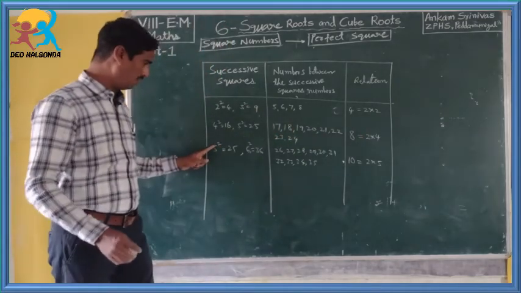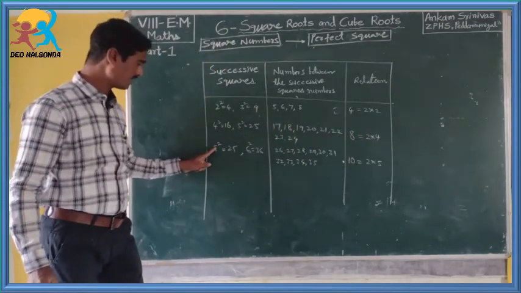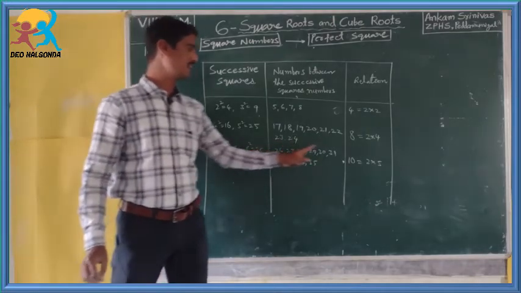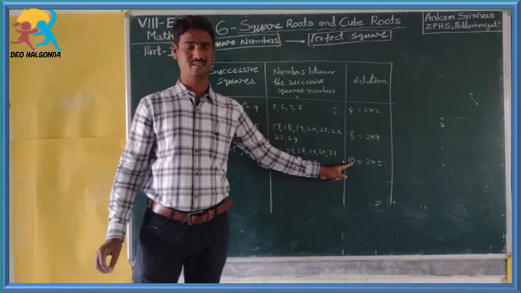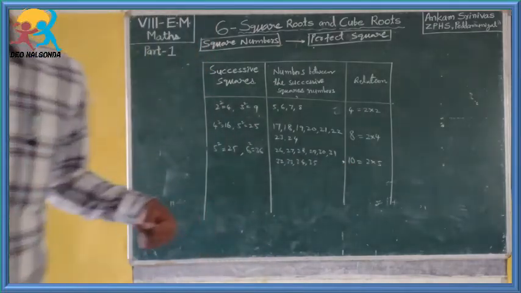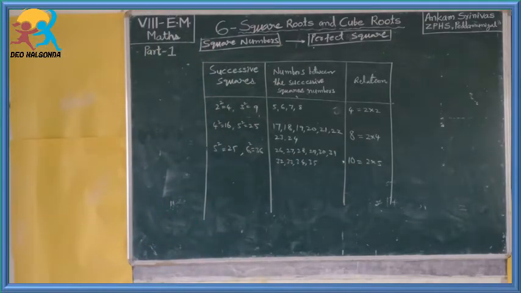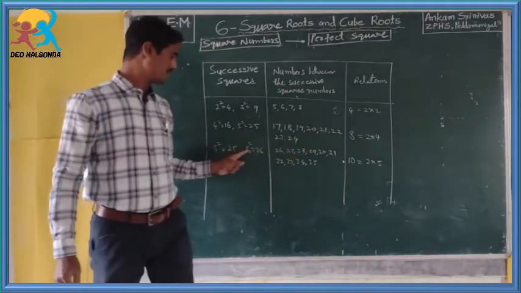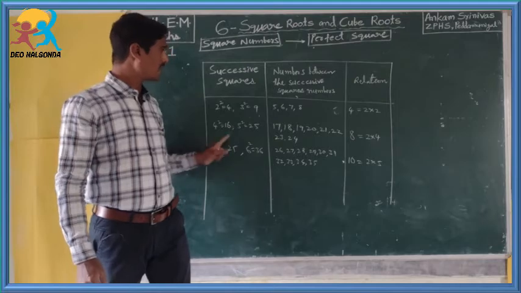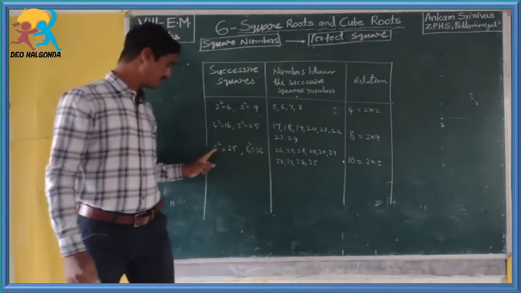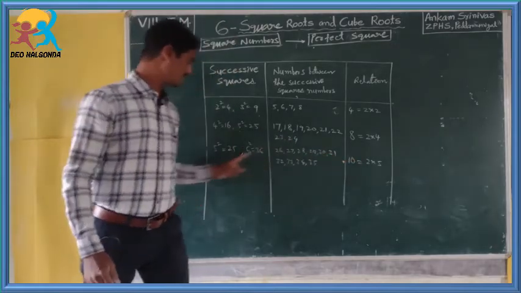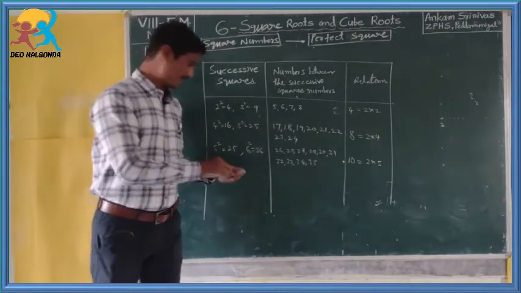Between 5 square and 6 square, we got 10. Clearly observe that the number of non-perfect squares between 5 square and 6 square equals 2 5s, which is 10.